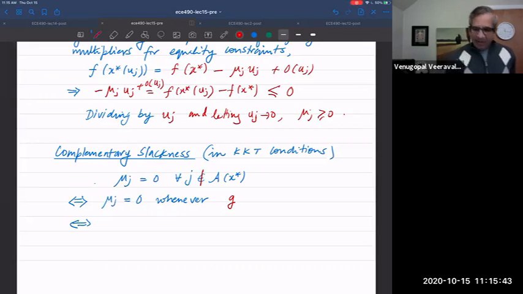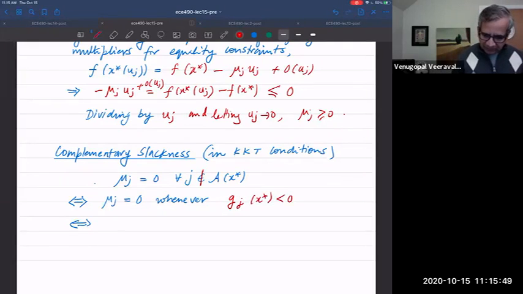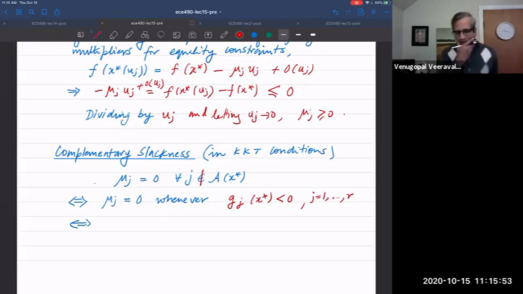So mu j is 0 whenever you're not in the active set, but that means whenever this inequality is strict. So mu j is 0 whenever g j of x star is not 0. The constraint's not active, so you're inside.